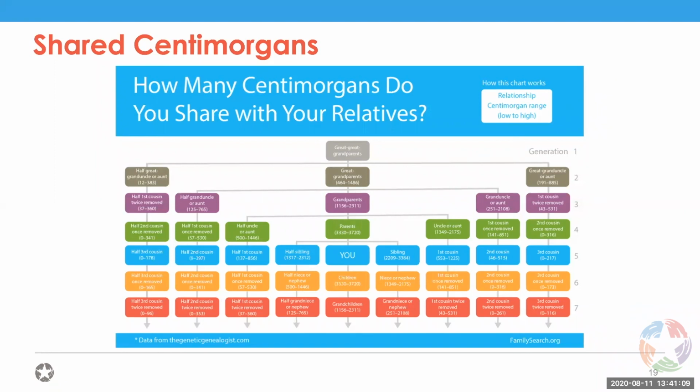But typically, if you were adopted and you're trying to find a parent, a lot of times you can match with, let's say, a cousin who has also tested. And from there you can deduce that, oh, I'm related to one of their aunts or one of their uncles.